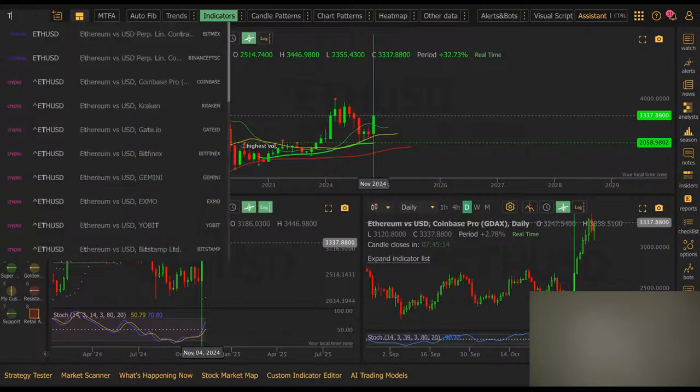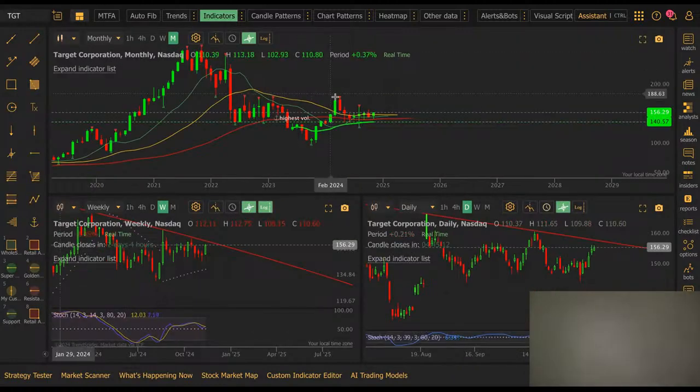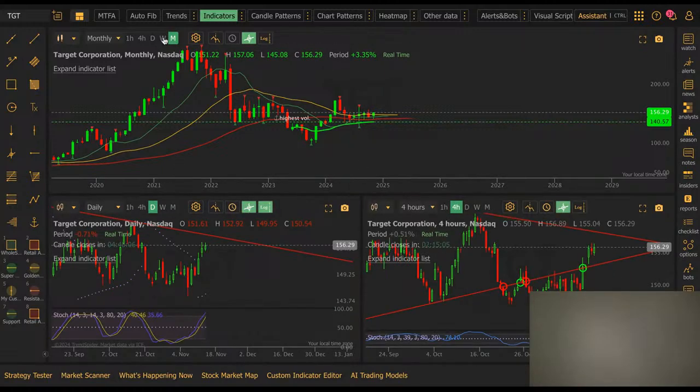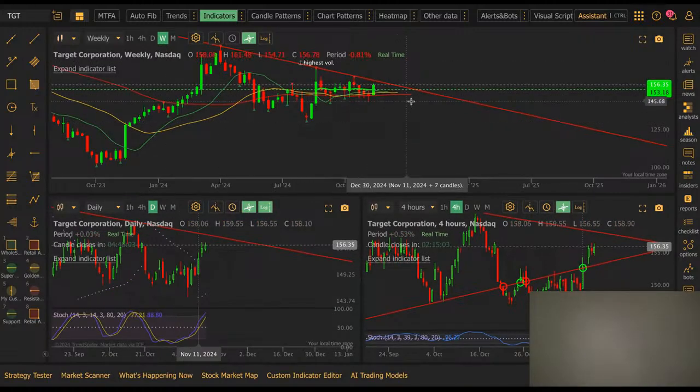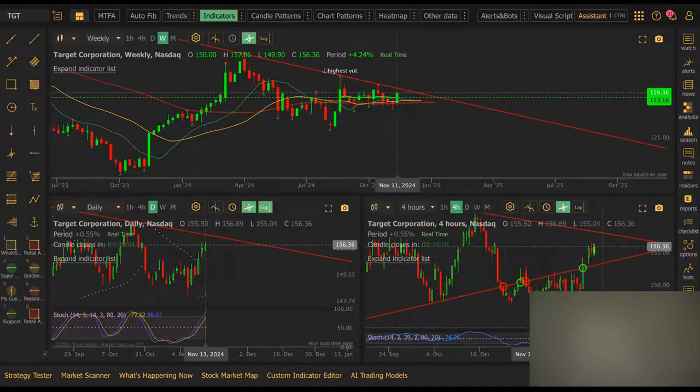So let's take a look at TGT. TGT is another one. Let me go back to the correct time frames. TGT is just crossing that 50 right around here.